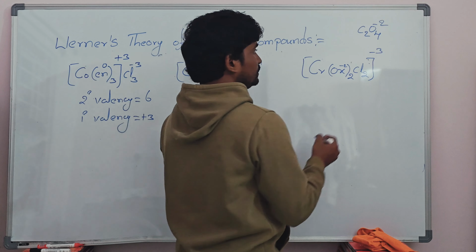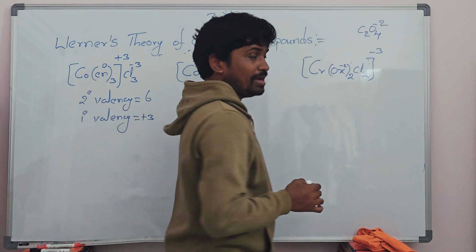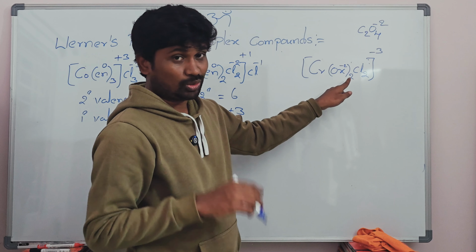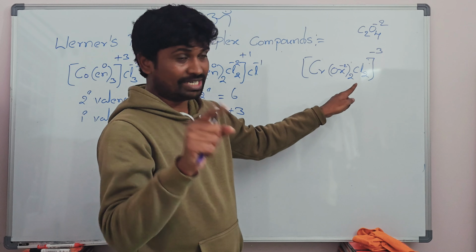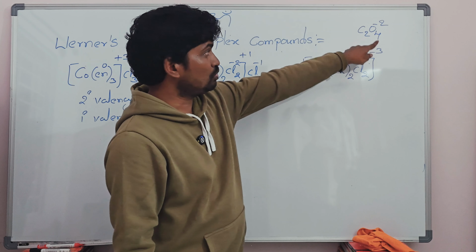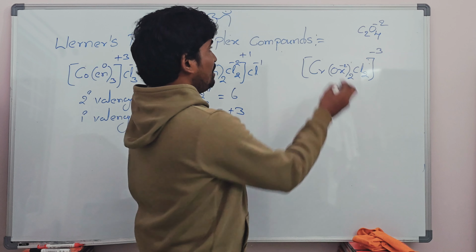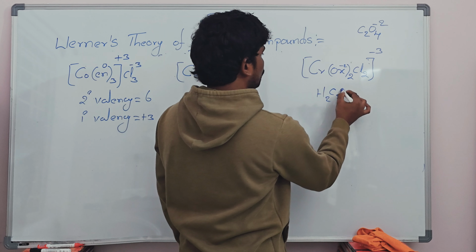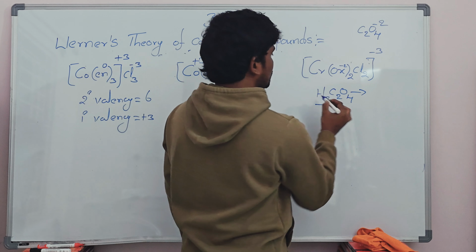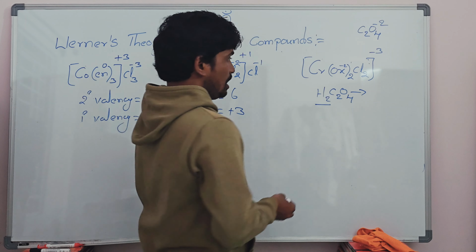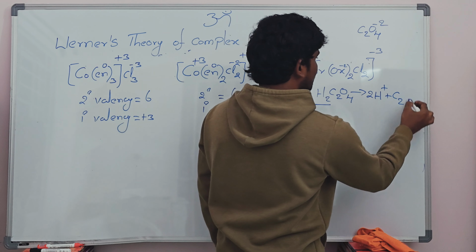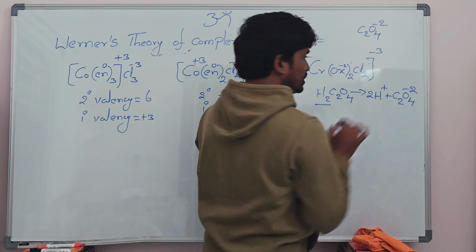Next, observe here. The charge they mentioned is -3. Here it is different. Ox means oxalato, a negative ligand. It is a bidentate ligand here. C2O4 2-. Do you have an idea? Oxalic acid, H2C2O4, is a diprotic acid. After releasing 2 H+ ions, the oxalate ion is generated, C2O4 2-.